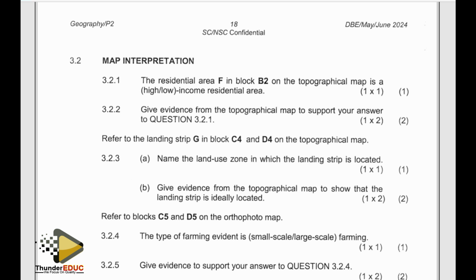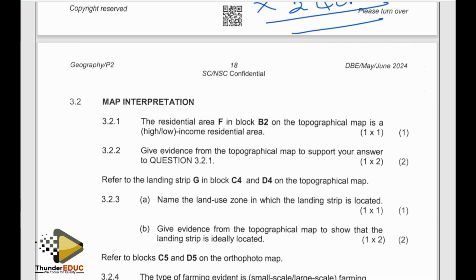We go on to the residential area F in block B2. Right. I will give you the clues of what you need to check for you to identify if it's a high income area or if it's a low income area. Unfortunately we don't have the map, but we're just highlighting the clues that you should check. Right. You need to check the size of the residential stands.